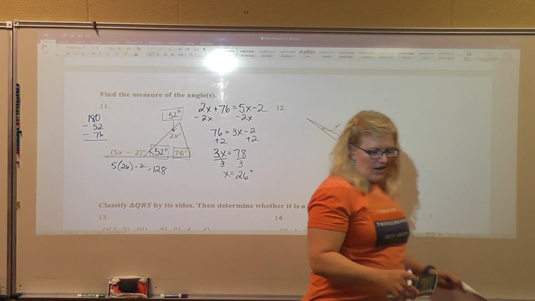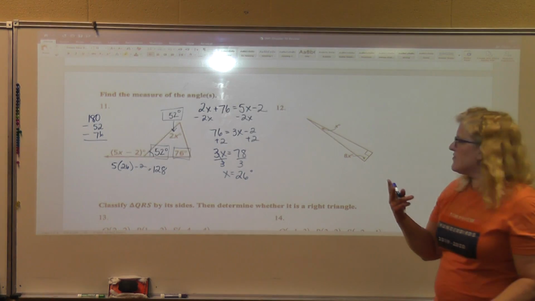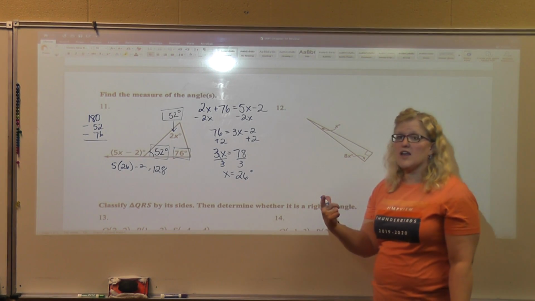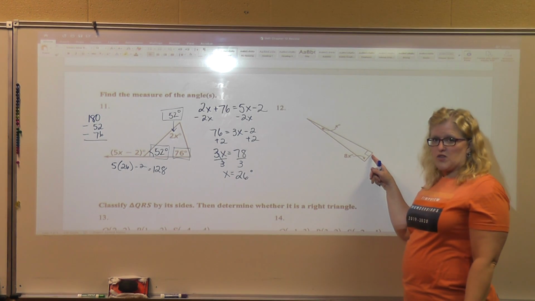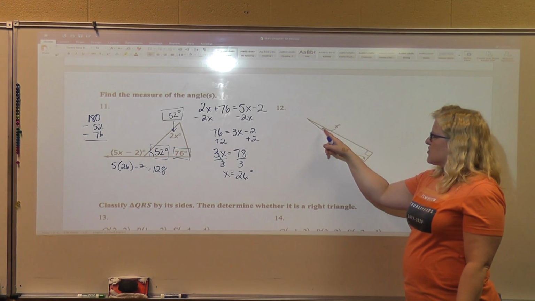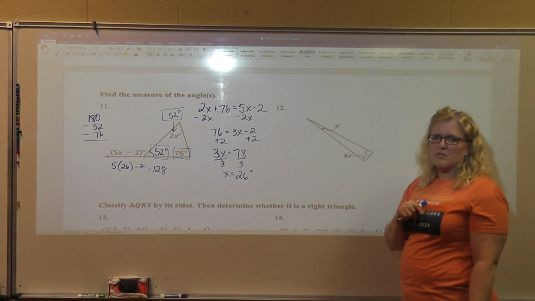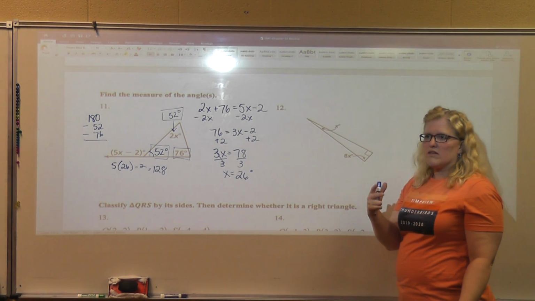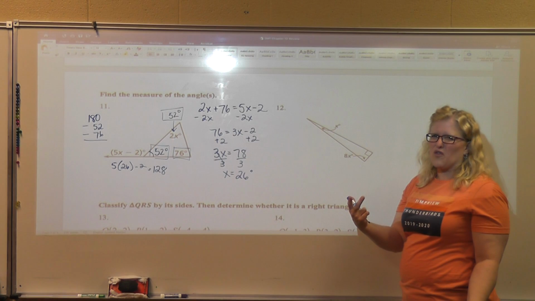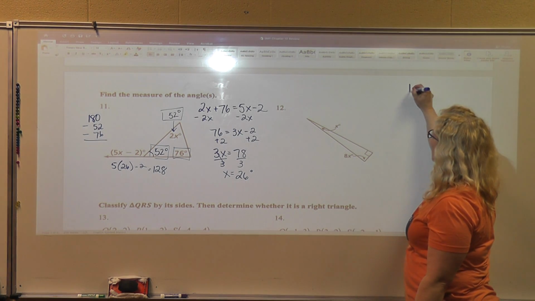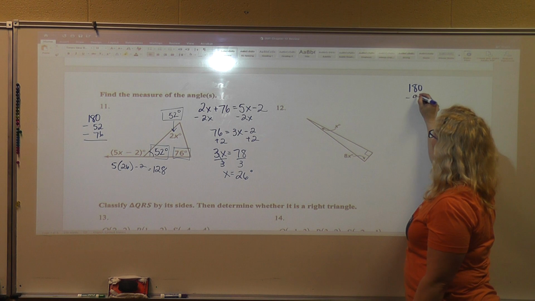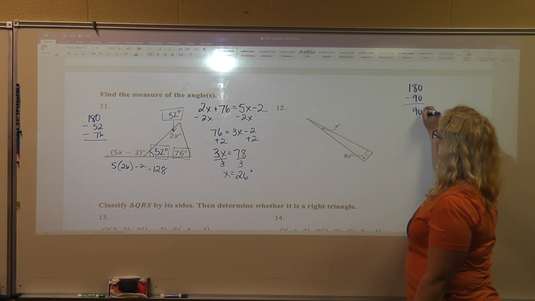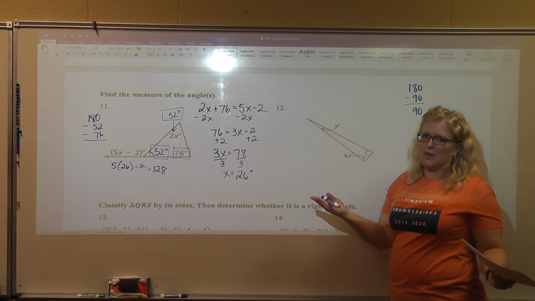Okay, so over here, a couple of different ways we can look at this. First of all, there's a theorem that tells us that if we have a right triangle, which we do, then these 2 angles add up to 90 degrees. Well, that's almost overkill, because we know that 180 degrees minus our 90-degree angle gives us 90 degrees. So of course these are going to add up to be 90 degrees.